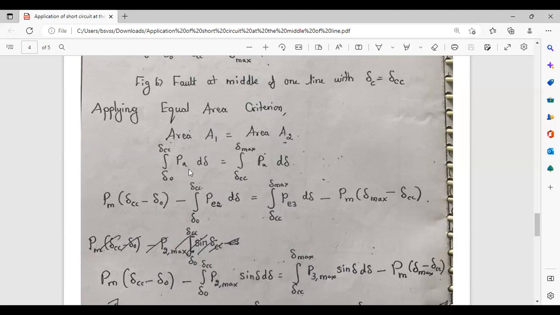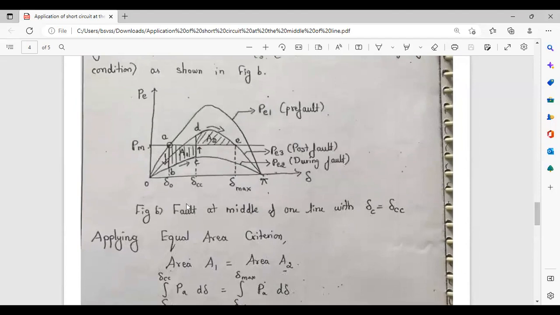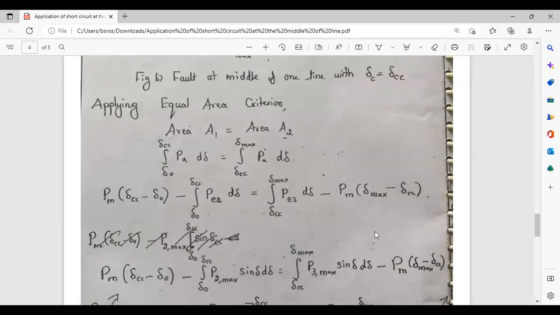Generally the formula for accelerating area is integral of PA into d delta. What is the angle for area A1? Delta naught to delta C. Similarly for A2, the minimum angle is delta CC and the maximum angle is delta max. These limits we have to apply here to calculate the value of delta CC.